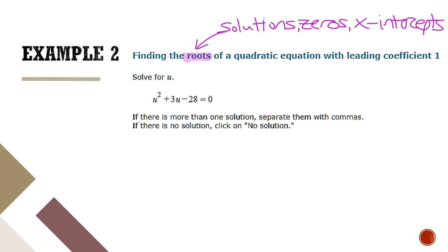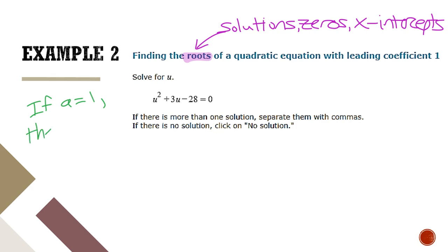So again, we're going to look at this. There is a 1 in front of the u squared here, which I'm going to erase because I don't like putting a 1 there, just because it gets in the way. But if we have a equals 1, we could potentially factor this.